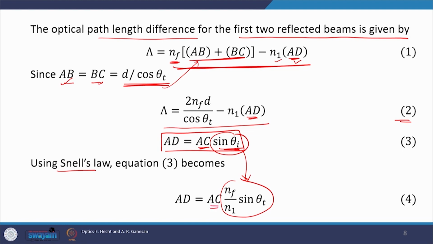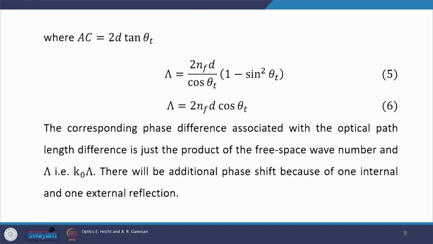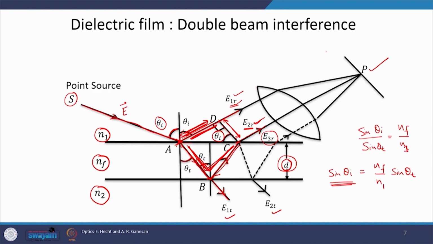Once it is done, the next unknown is AC. From the figure itself, AC is equal to 2d tan theta t. AC is this distance, B is situated here, and this is your d, and this is theta t. Using very simple trigonometry, we can calculate that AC is equal to 2d tan theta t. This is nothing but this part of the diagram.